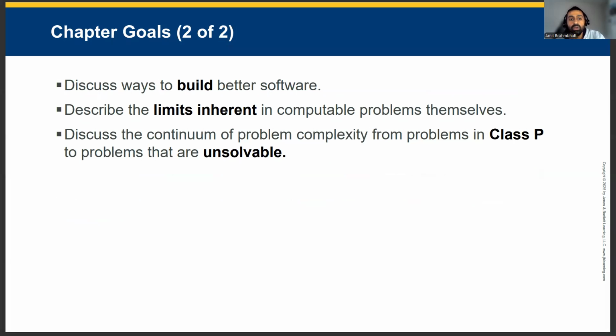Beyond that, we examine the limits that exist even with perfect hardware and perfect software, the limits inherent in problems themselves. This includes distinguishing between problems we can solve efficiently, problems we can theoretically solve but only with impractical time, and problems that no algorithm can solve at all.